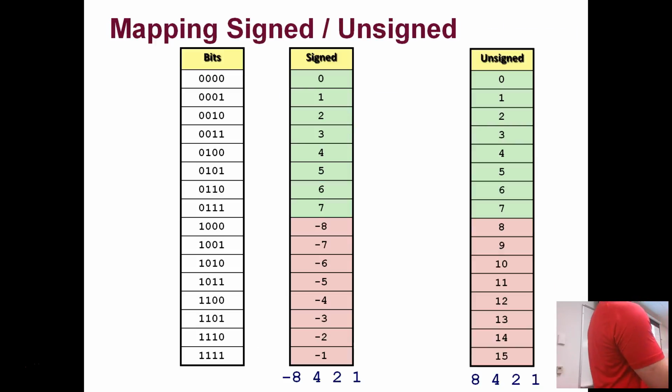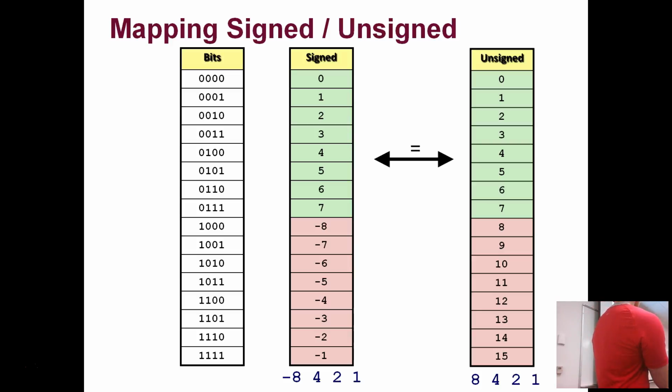I'm going to show you an example using a 4-bit number sequence. On the right is your unsigned value, and the bit pattern is exactly the same for both the signed and the unsigned. Here it goes from 0 to 15, all zeros to all ones. When you interpret these bits as negative 8, 4, 2, 1, the top is the same, since the most significant bit is 0. There's no change in interpretation.